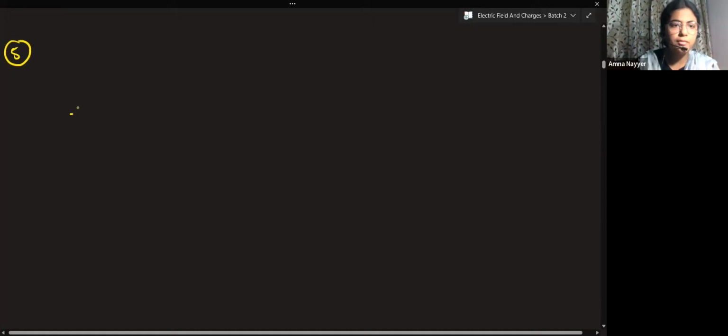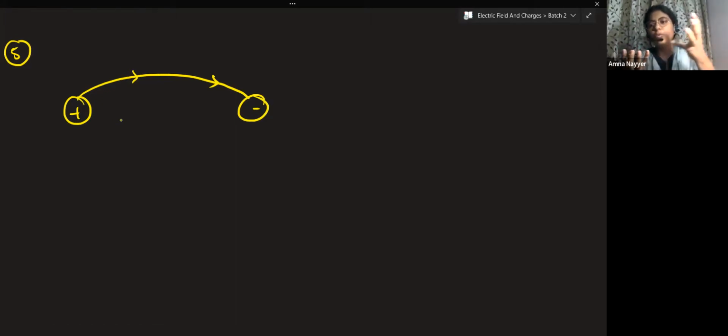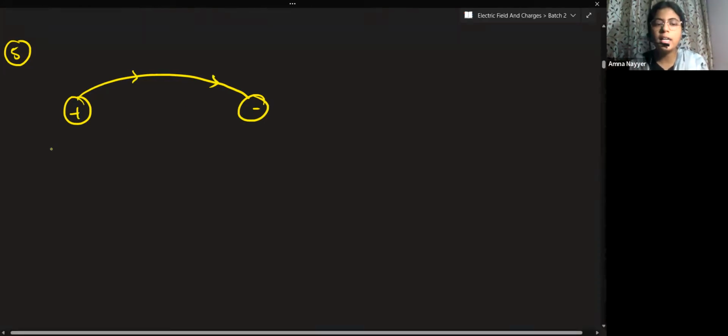See, if I have a positive charge and I have a negative charge, this will be the direction of electric field lines originating from the positive and terminating at the negative. So what happens? Both of them are getting attracted towards each other. Why? Because the electric field lines are moving from positive to the negative. So we say they are contracting longitudinally.